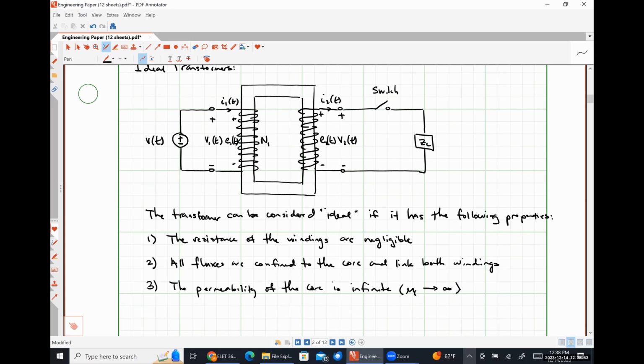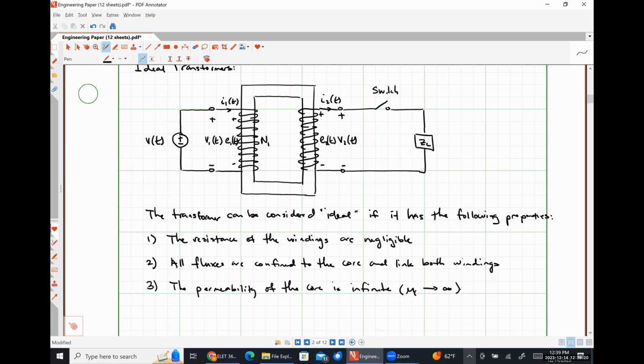So this tells us that it takes practically no current whatsoever to generate an MMF sufficient to drive flux around our core. Another way to think about this is that our reluctance is effectively zero. So under these three conditions, we have an ideal transformer.